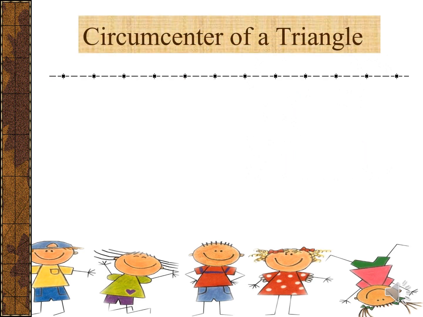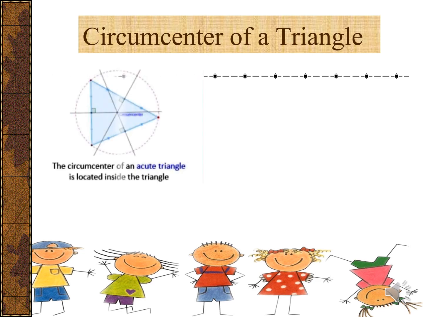In other words, we can say that the point of concurrency of the perpendicular bisectors of the three sides of the triangle is referred to as the circumcenter of the triangle.